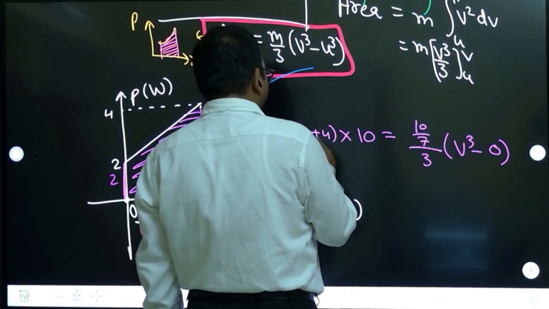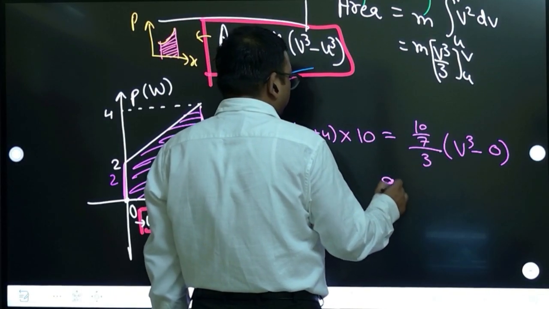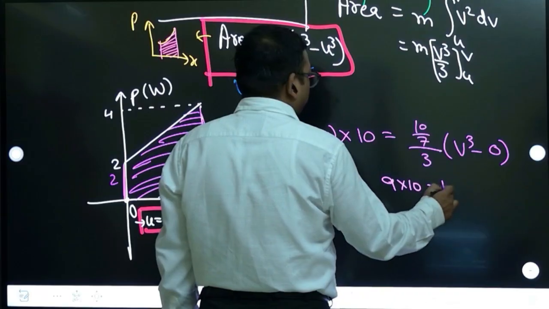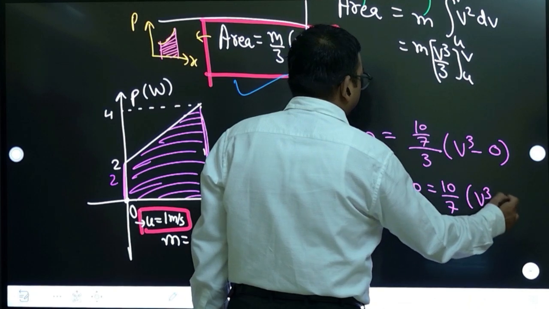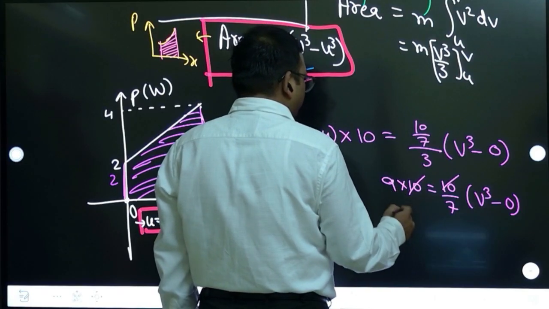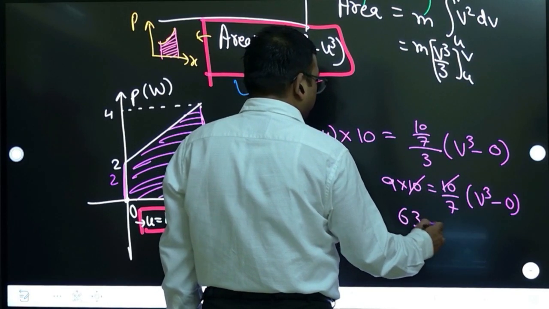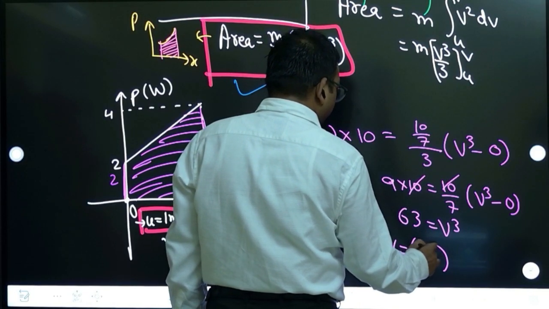Now it is very easy, right? This is 6 by 2, which is 3. 3 into 3 is 9, and 9 into 10 will come. This equals 10 by 7 into v cube. U cube is 0 anyway. So the 10 and 10 will go away. 9 into 7 is 63. V cube is 63, so v is the cube root of 63.